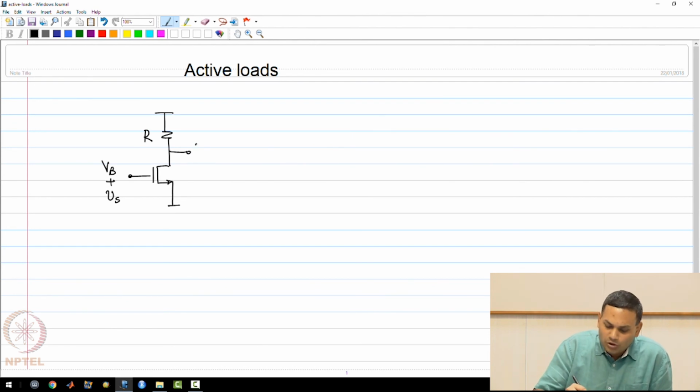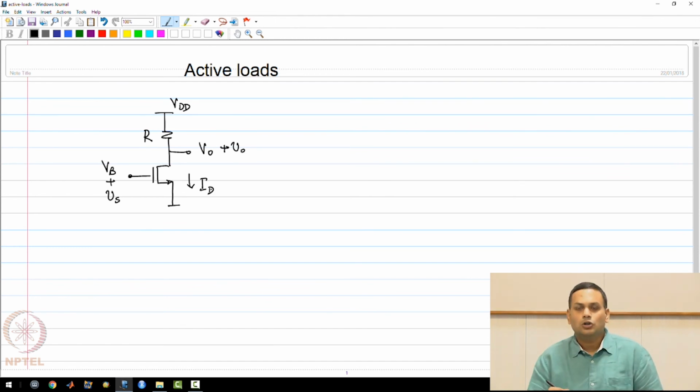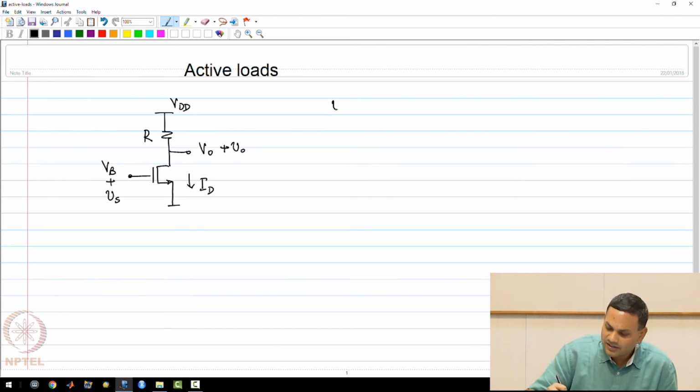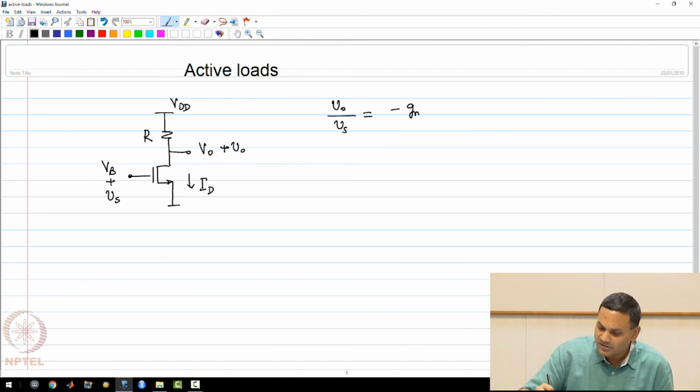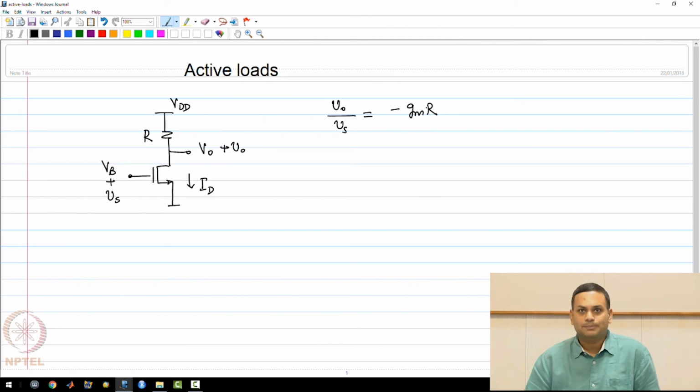The output is of course taken at the drain, so maybe I'll call this the DC voltage is capital VO plus the AC voltage is small vo. So we know that the gain of this circuit vo by vs is minus gm R.